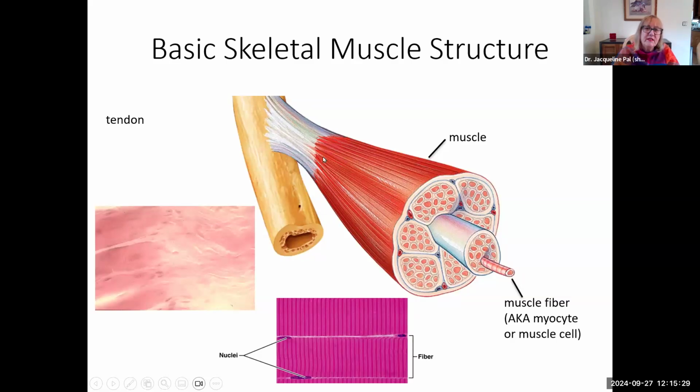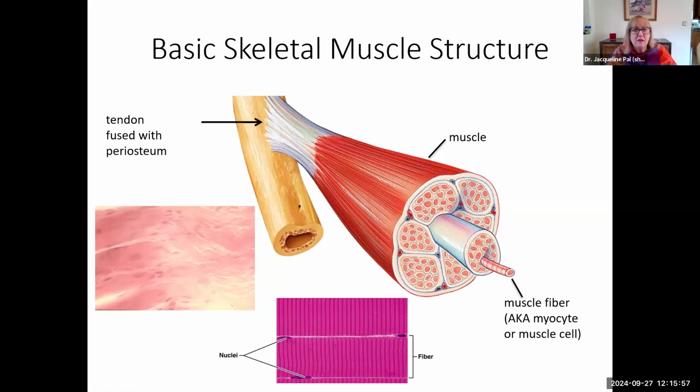As I said previously, it attaches indirectly into a tendon. And as you can see, it basically changes from muscle tissue to a dense, regular connective tissue. And then this tendon, which is dense, regular connective tissue, is going to continue with the dense, irregular connective tissue of the periosteum.